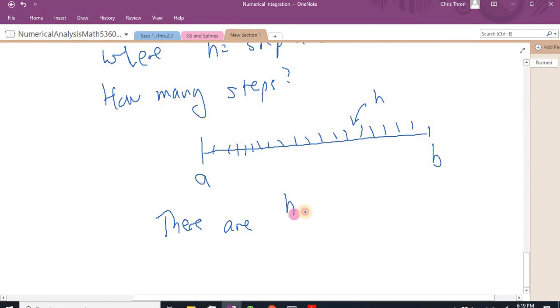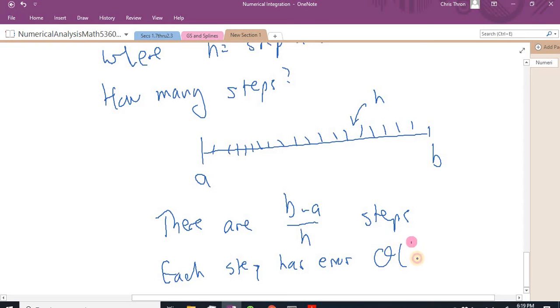That's right. B minus A over H. Right, evenly divide, you know that you've got 1 inch is 1/12 of a foot, so you have 12 inches. So there are (b minus a) over h steps. Now each step has error O of h cubed.